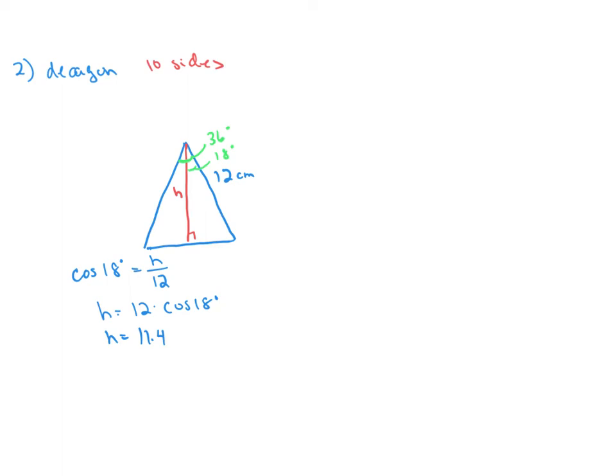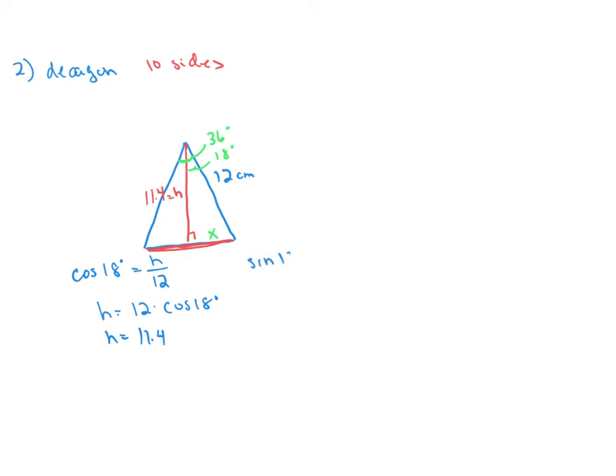And normally at this point, we would go ahead and find our area because we knew our base. We knew the bottom of the triangle here. This time we don't. So we'll call this x, and to find x, we're going to use trig again, this time for sine.